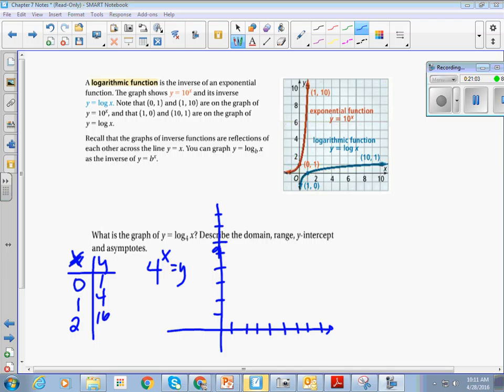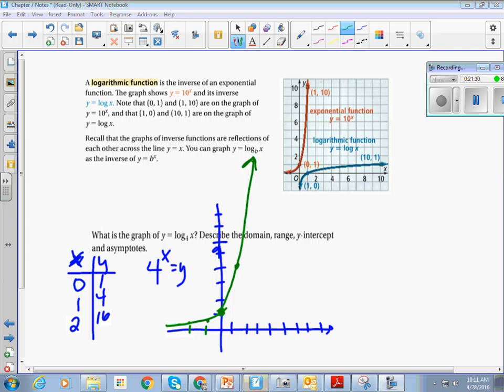So when I go to graph this, it goes through (0, 1), and then when it's -1, it's 1/4, so it's kind of like this guy here. And when we are at power 1, we're up 4: 1, 2, 3, 4. And then at power 2, we're up at 16.